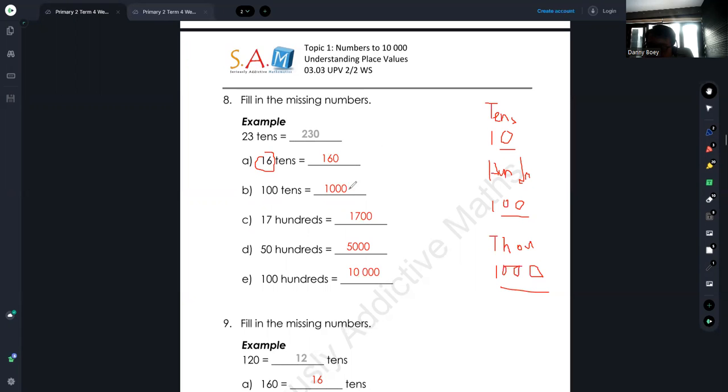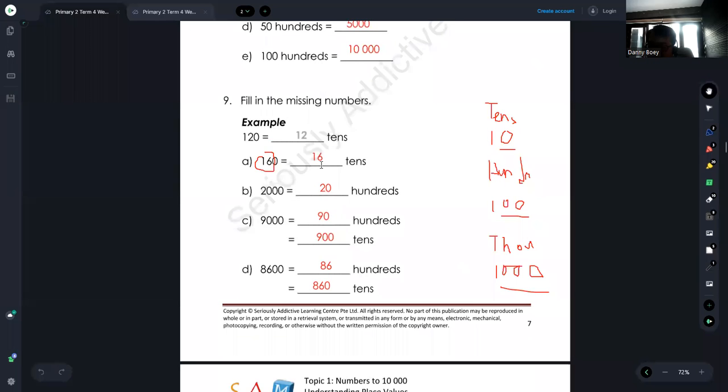So 100 tenths is 1000. 17 hundreds, hundreds has got 2 zeros, so it'd be 1700. 50 hundreds, 50 with 2 zeros. 100 hundreds would be 100 with 2 zeros, so there'll be 10,000. You can use this way to help them answer the questions.